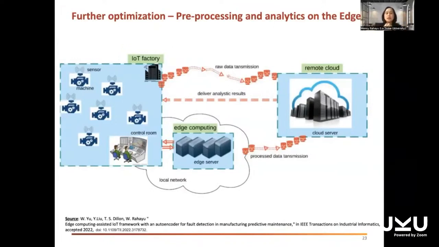Rather than immediately sending all the raw data to the central remote cloud, we have an edge local cloud sitting next to the IoT factory. This allows us to do the cleaning, preprocessing, and predictive analytics for that particular set of data within the edge computing, and then we process and store the model in the remote cloud.